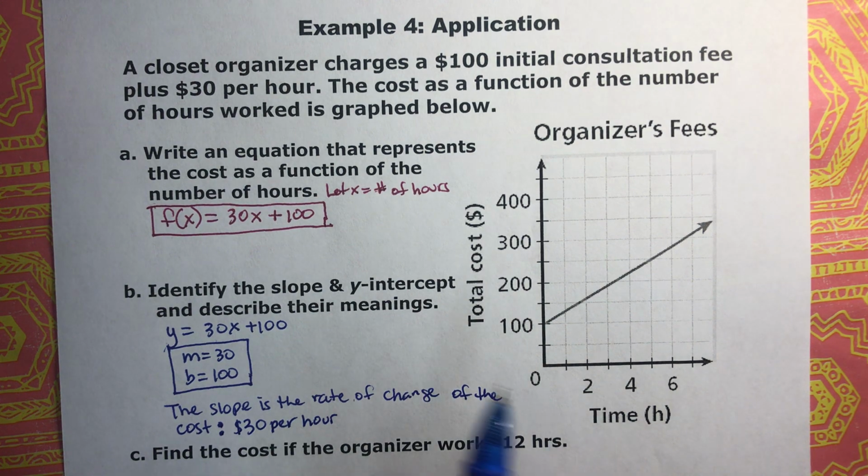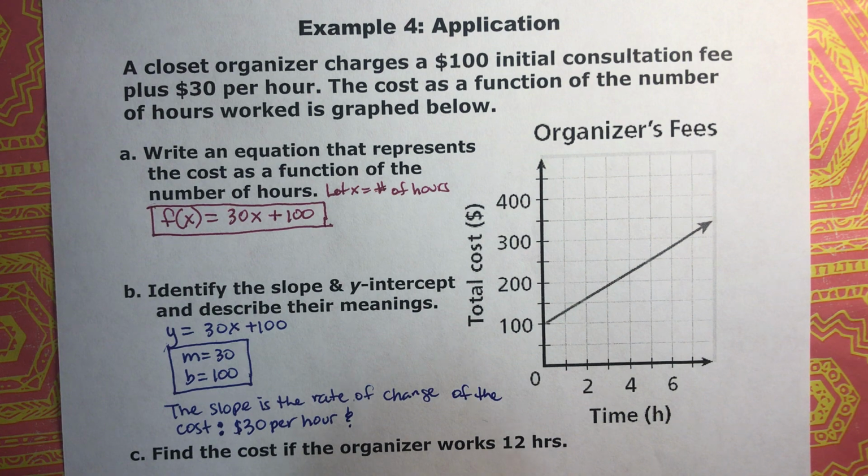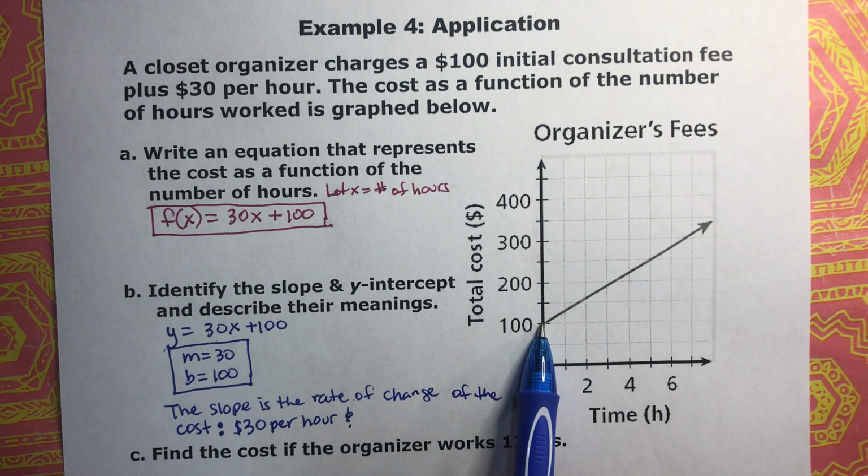Okay, so the y over the x, it's the cost over hours, so $30 per hour. That's what the slope is. And then the y-intercept just means that's right here, right, is when the time is 0 and there's no time and you're already owing the person $100. So that's just the initial fee of $100.